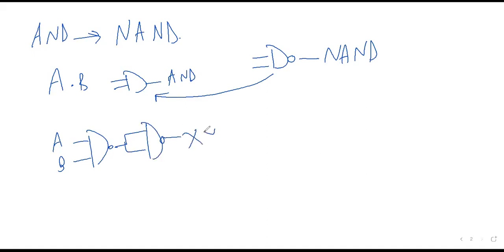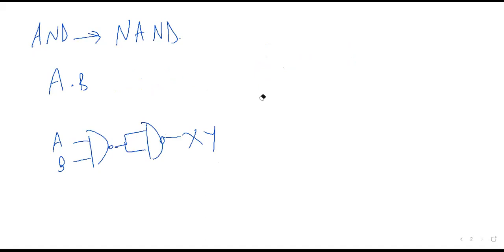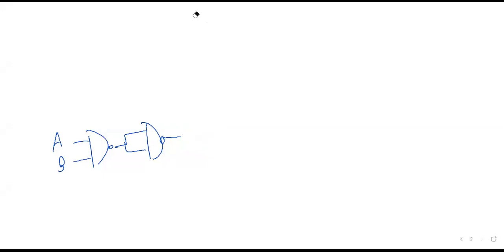We get XY here. I have a truth table to show for it. Some of the techniques I'm using, even to draw the truth table, you will need them. So pay attention. I can prove this is the same as AB using a truth table.